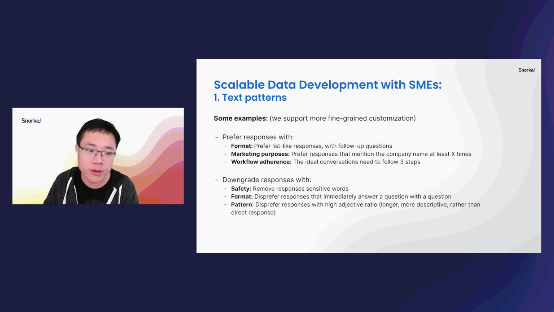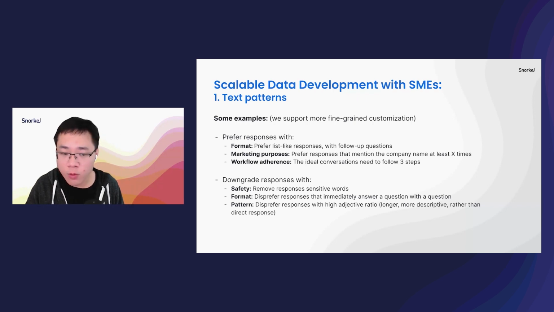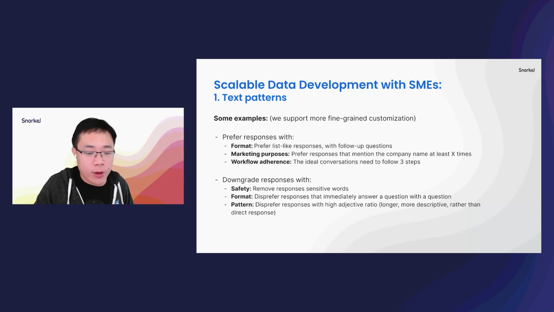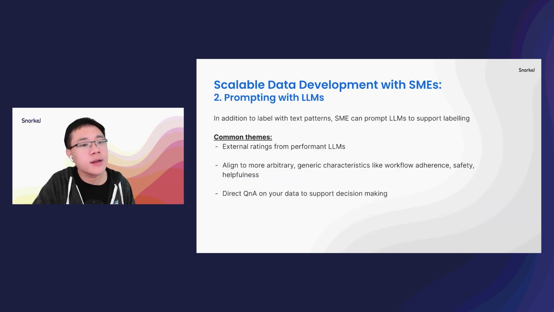Or responses that follow your customized workflow. You can also downgrade responses with safety concerns or a format you don't want. Like if you answer a question with a question, that's not good, so you want to move away from that response. So these are some text patterns you can use.